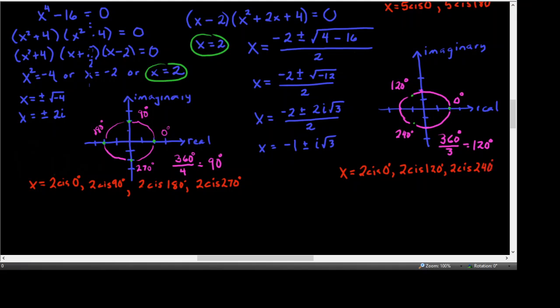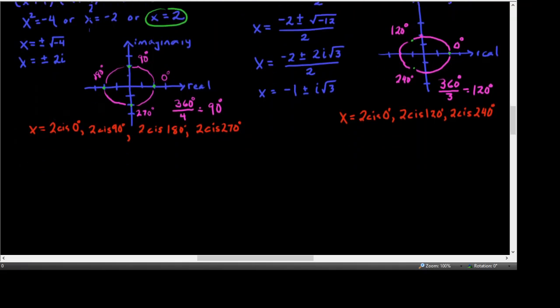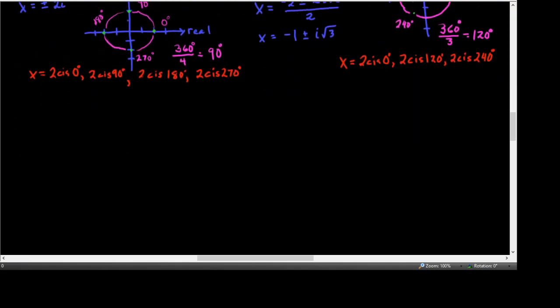If you were to get these answers that I wrote in red first, how hard would it be to convert to the rectangular form? 2 cis 120 degrees would be 2 times the cosine of 120 degrees plus i sine of 120 degrees. You draw the 120 degree angle, you get your right triangle, 1, 2, square root of 3, and you're done. It's really not going to be that hard. That's the background for what we're doing here. I went off book for a while, so hopefully that all made sense.